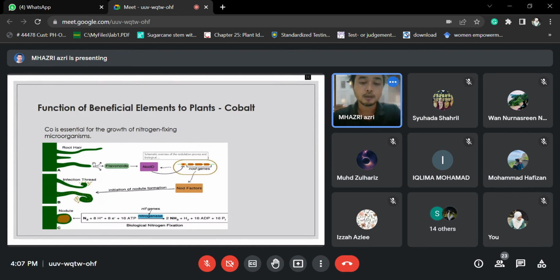Okay, bila rhizobiums detect the presence of flavonoid, it will move from lower concentrations of flavonoid to higher concentrations of flavonoid. Okay, so higher concentration kat mana? Dekat kawasan yang dirilis lah oleh root hair tu tadi. So dia boleh migrate exactly toward the root hair.